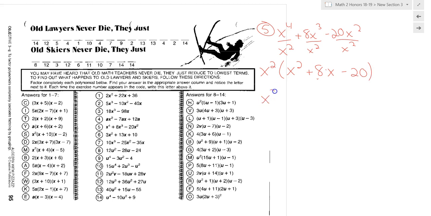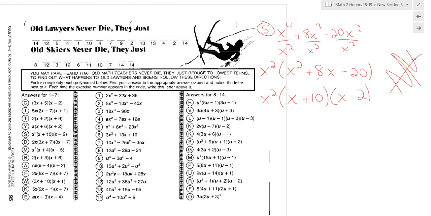And as you're getting good at this, you don't so much need to make that box. I start not doing that. I really only do that if there's not a coefficient of 1. If there's a coefficient of 1, I just start thinking of what the factors are. So multiply to negative 20, add to 8, that's going to be positive 10 and negative 2.